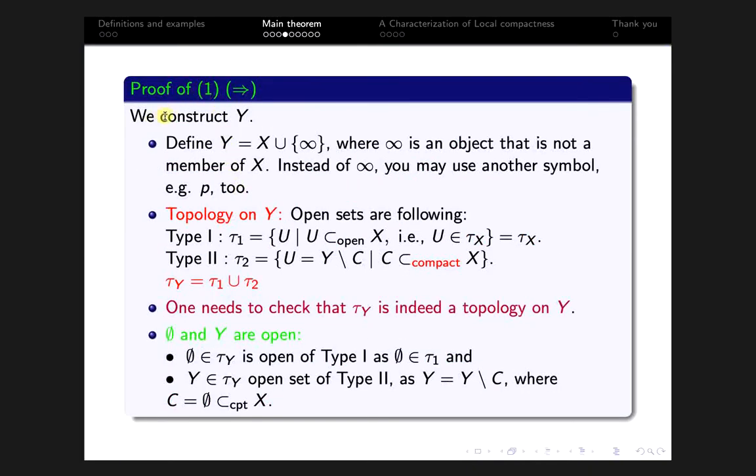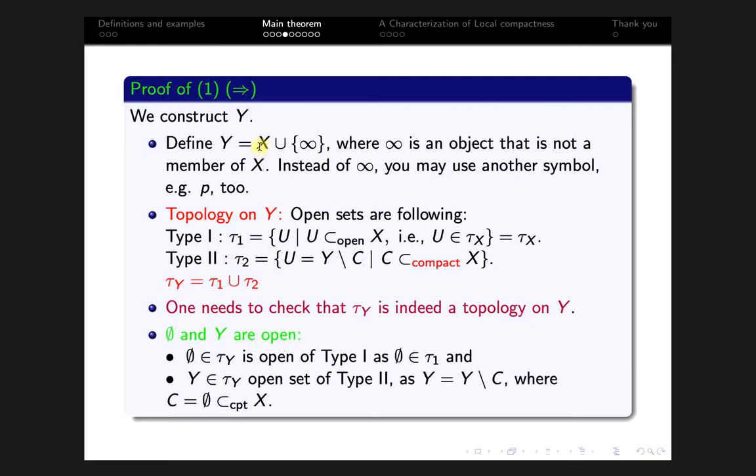Here the proof is by construction of a topological space Y. We define Y equal to X union with infinity. Infinity is an object that is not a member of X. This is the hint that our space Y should have one more element than X, that is, Y minus X should be a singleton.